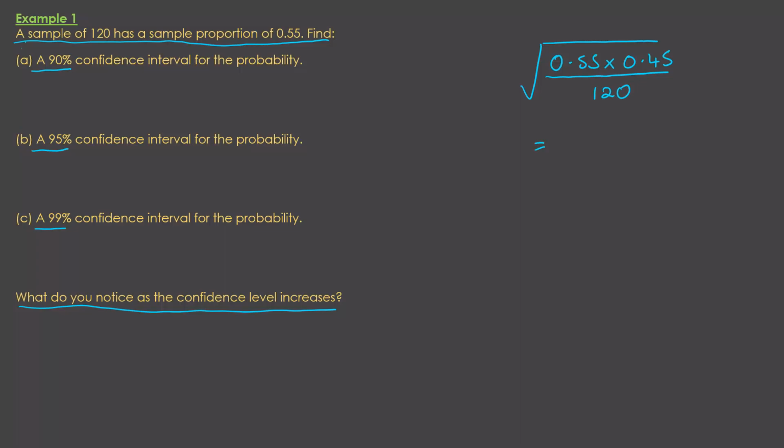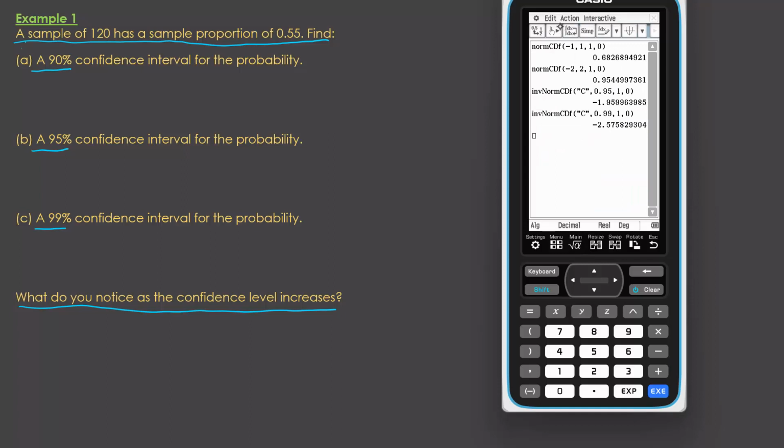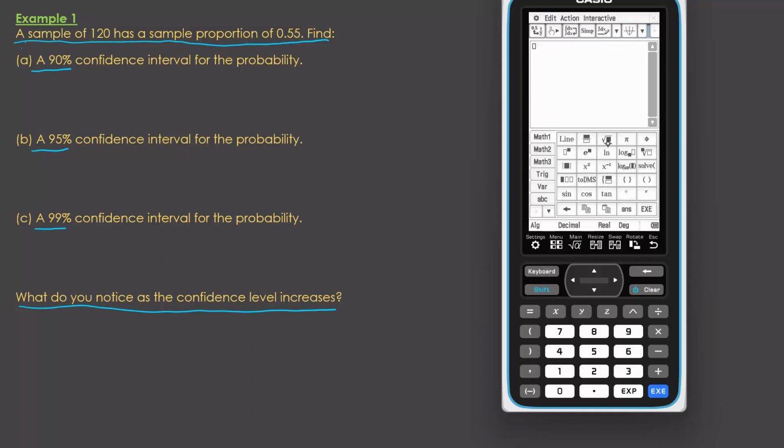So let's see what that comes to. I've got the square root of 0.55 times 0.45 divided by 120, and that gives me 0.0454.